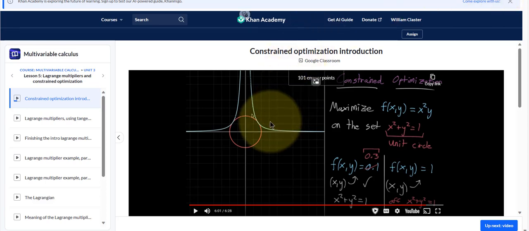Now, it's not exactly 100% clear to me that his observation is right, but that's due to my own limitations. But anyway, what he said is that when you reach the place where they just touch, their tangent lines are going to be the same.